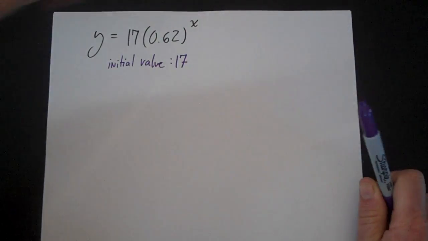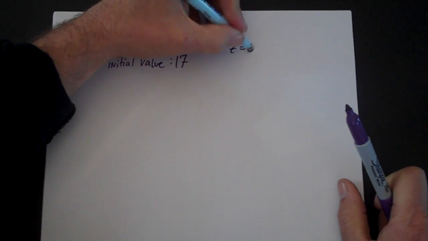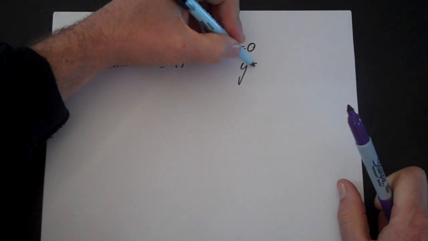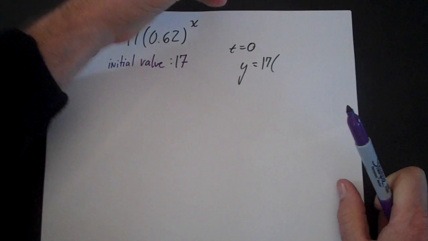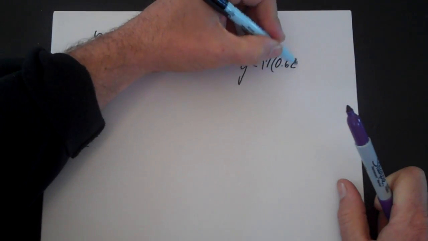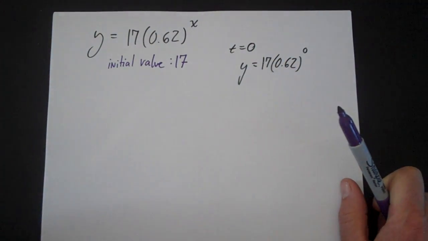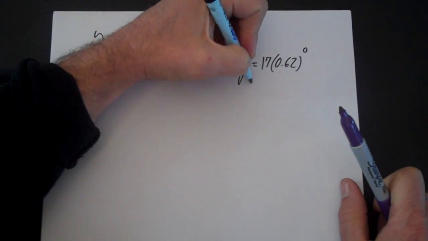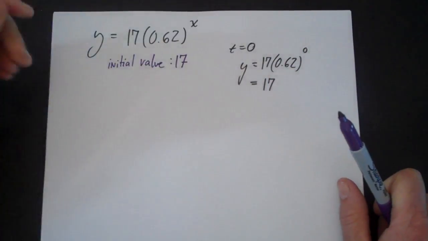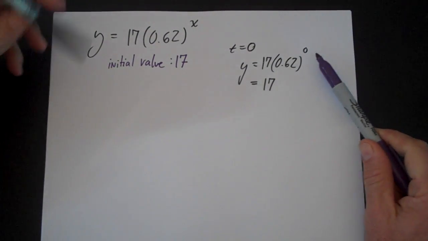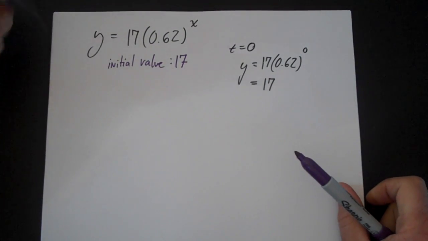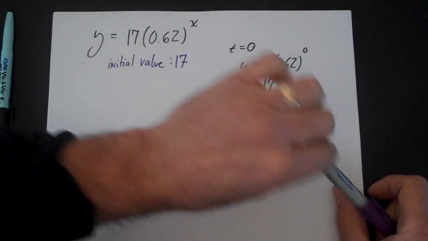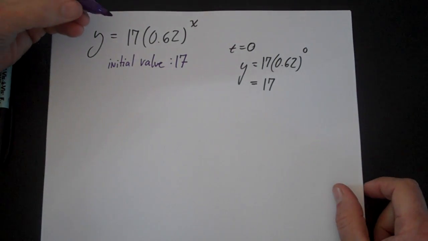Well, if time is equal to 0, you have y is equal to 17 times 0.62 to the 0. 0.62 to the 0 is simply 1. So it's 17 times 1, so it's 17. So in other terms, at time 0, the value of y is 17. At the initial time period, the value is 17.